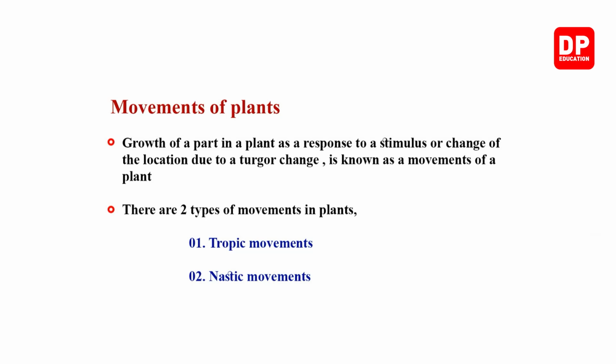Regarding the movements of plants, my dear children, here the definition of a plant movement is given. Growth of a part in a plant as a response to a stimulus, or change of the location due to a turgor change, is known as a movement of a plant.